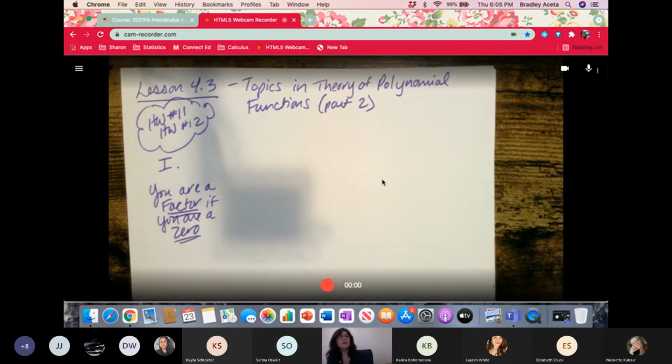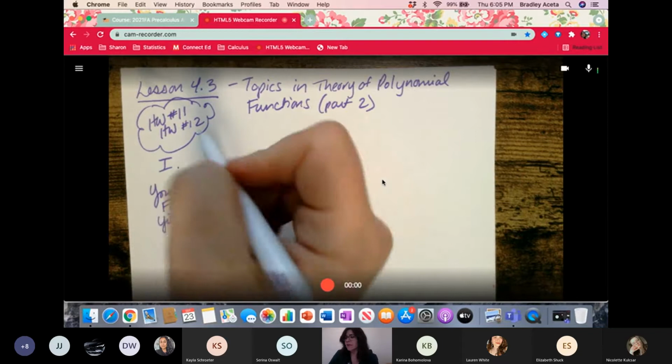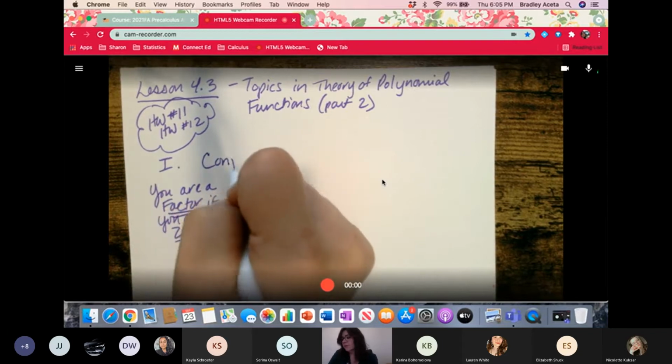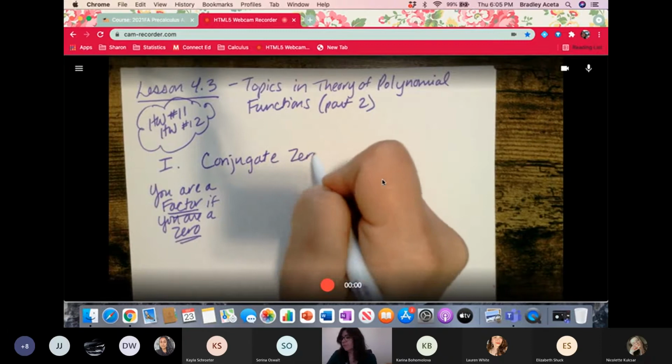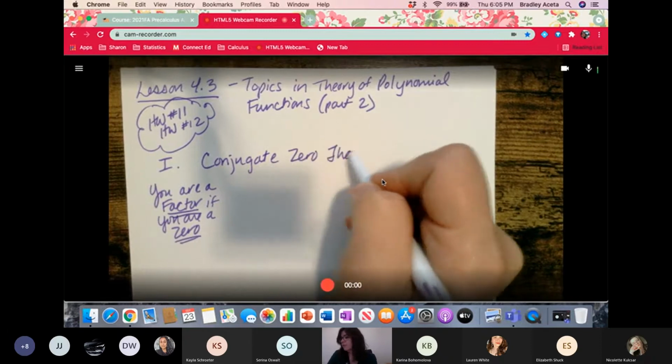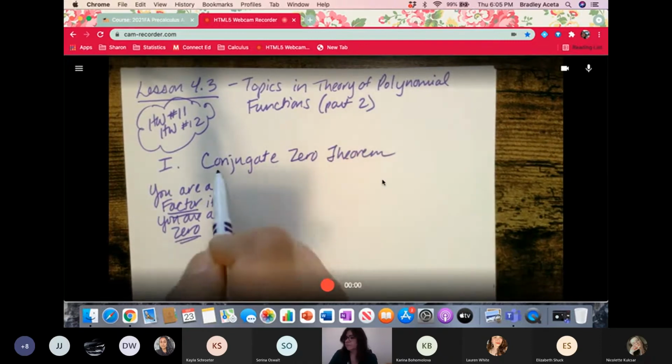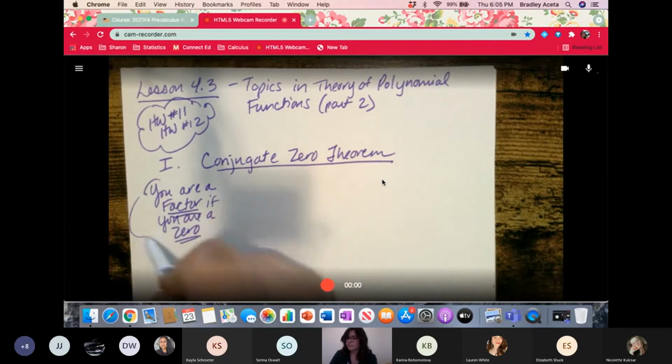Okay, important things to understand, because this first theorem is called the conjugate zero theorem. I'm just going to put that on my side here.